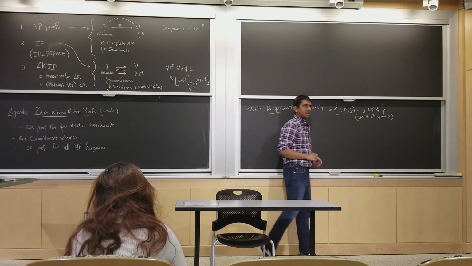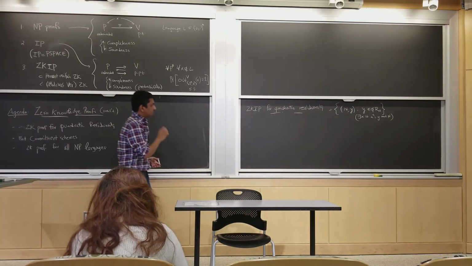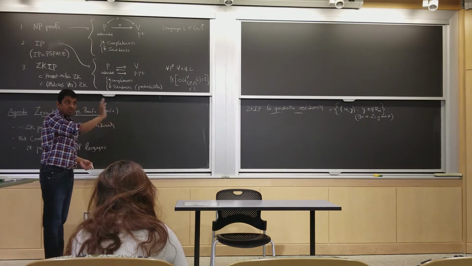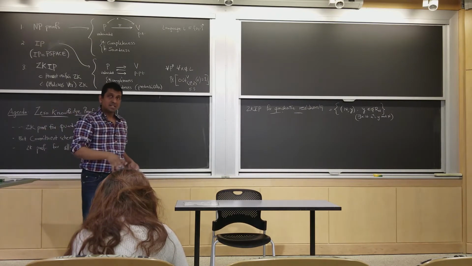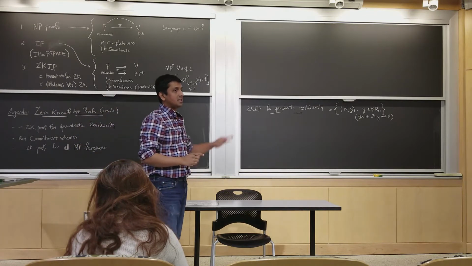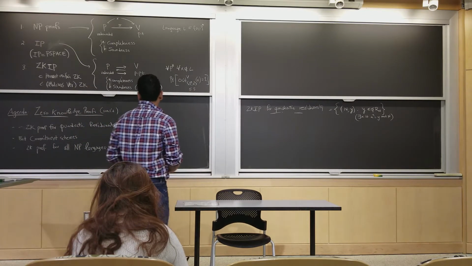This is what we saw, the protocol. We proved a couple of things about it. We proved that it's sound and complete, but we did not prove that it's zero knowledge. That's the starting point for sure.